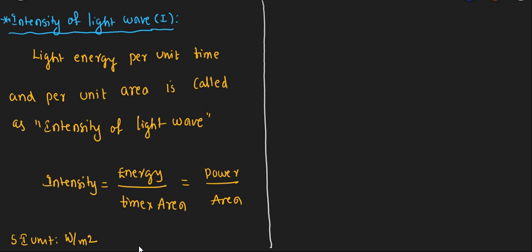And some more factors I will give. Let us consider this is a light wave. The light is traveling in the forward direction like this. I want to know on what factors the intensity of light wave depends.